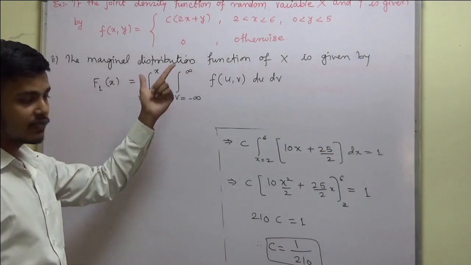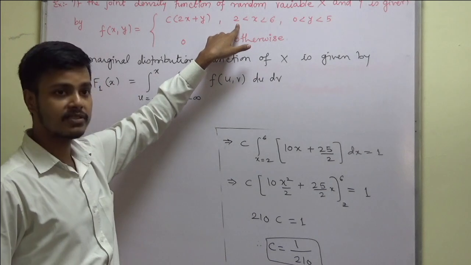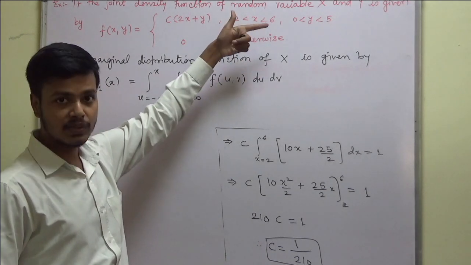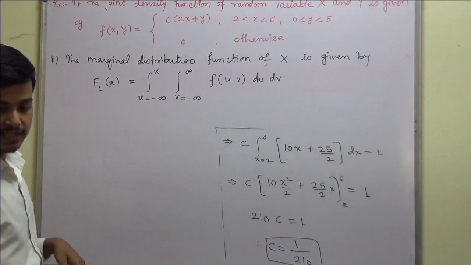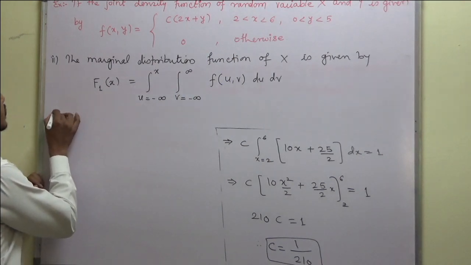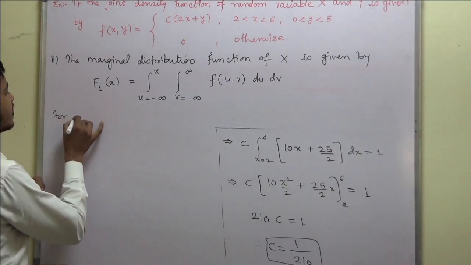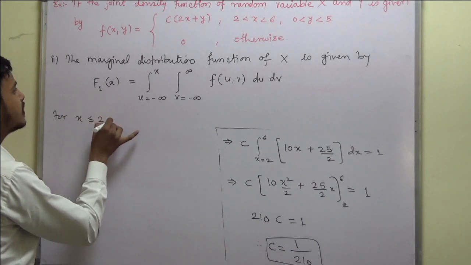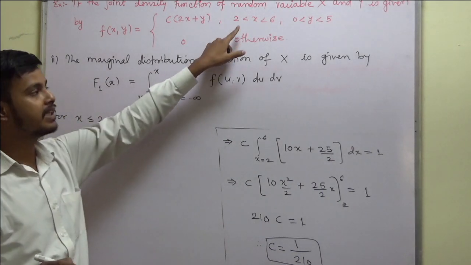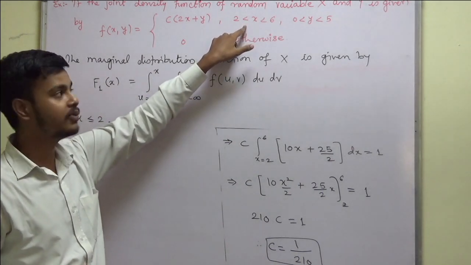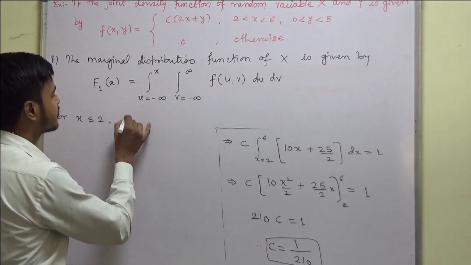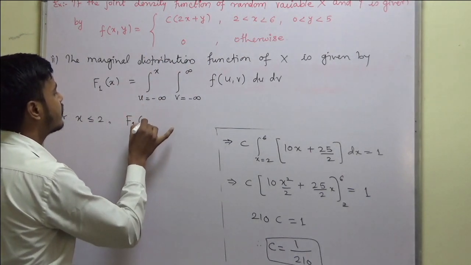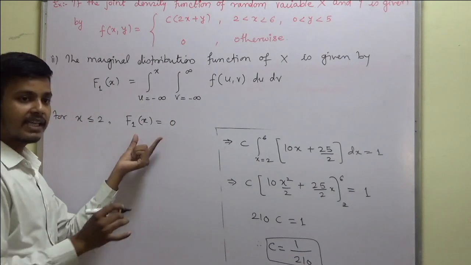Now for the range we have to start. The lowest range is x greater than 2, so we have to start with x less than 2. So for x less than or equal to 2, we don't have any value, so you can directly write f1 of x is equal to 0. How will you get this?